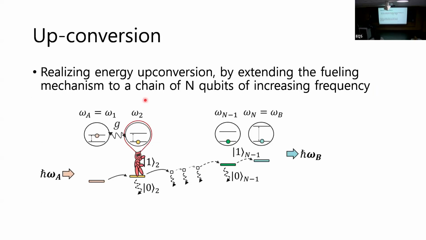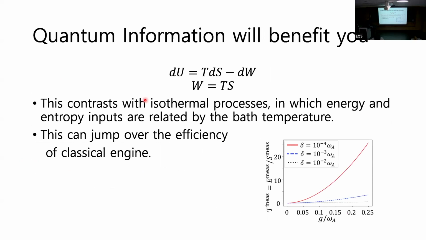Is the factor just entanglement or something else? The question is why a quantum information engine is better than a classical information engine. Is that right? Yes.